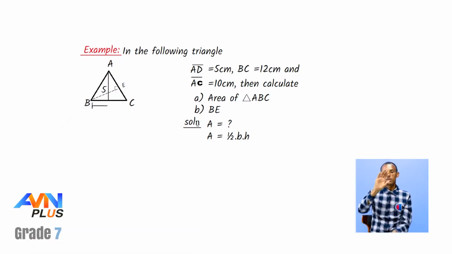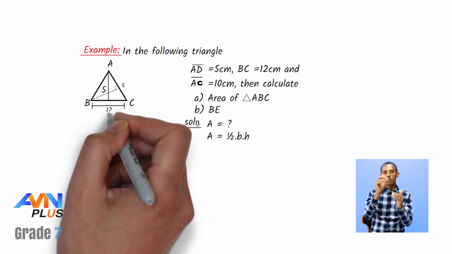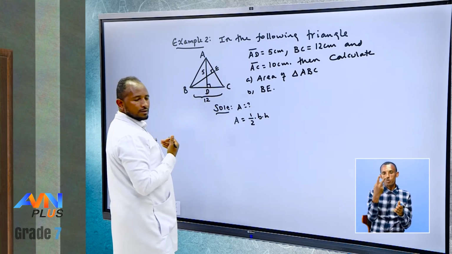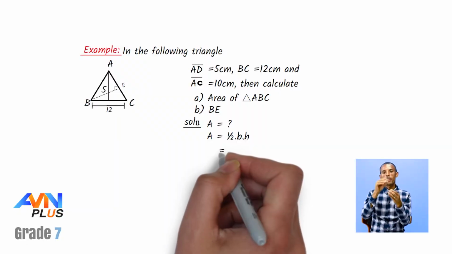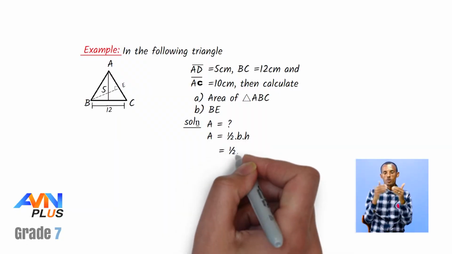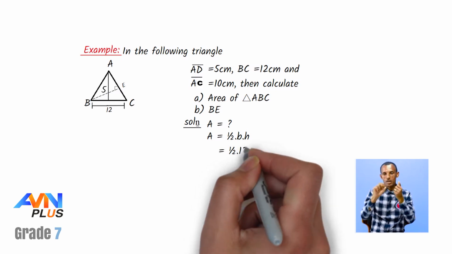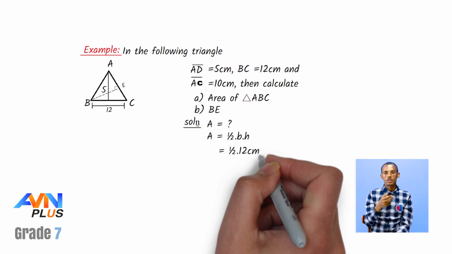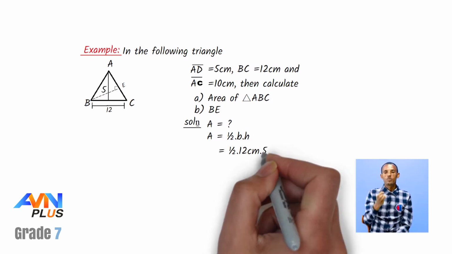BC, this length is given, it is how much? BC is 12. So to calculate the area, I can use this base and height. So its area will be equal to half times the base, this 12 centimeter, and the height is AD, it is 5 centimeter.